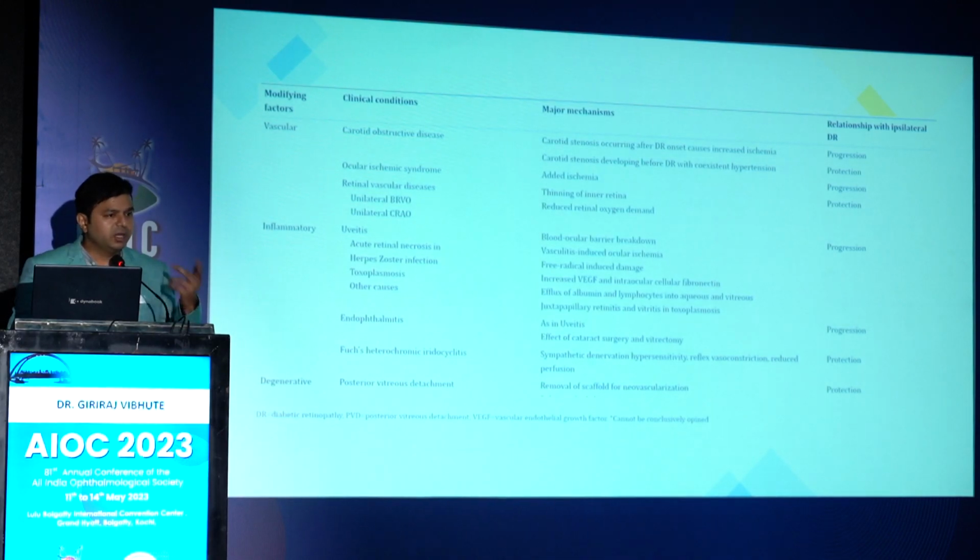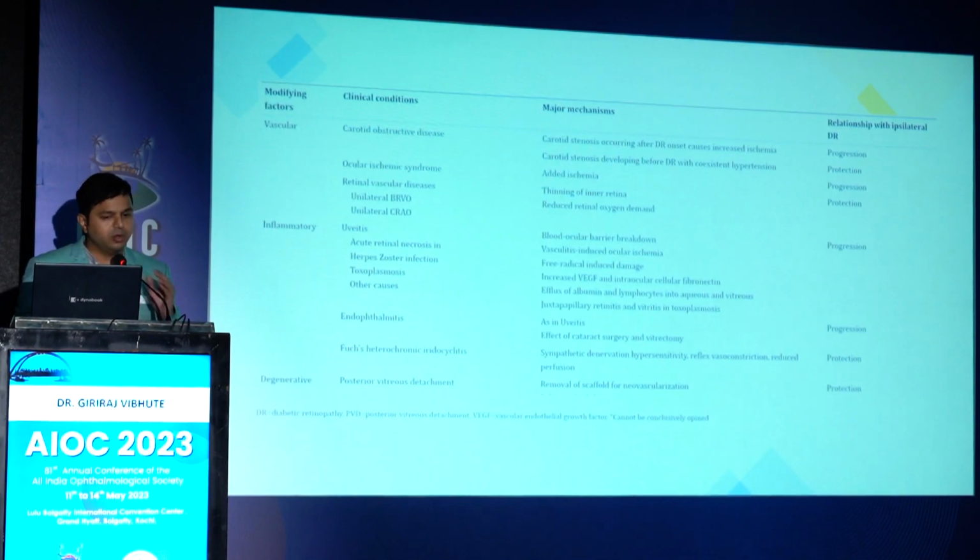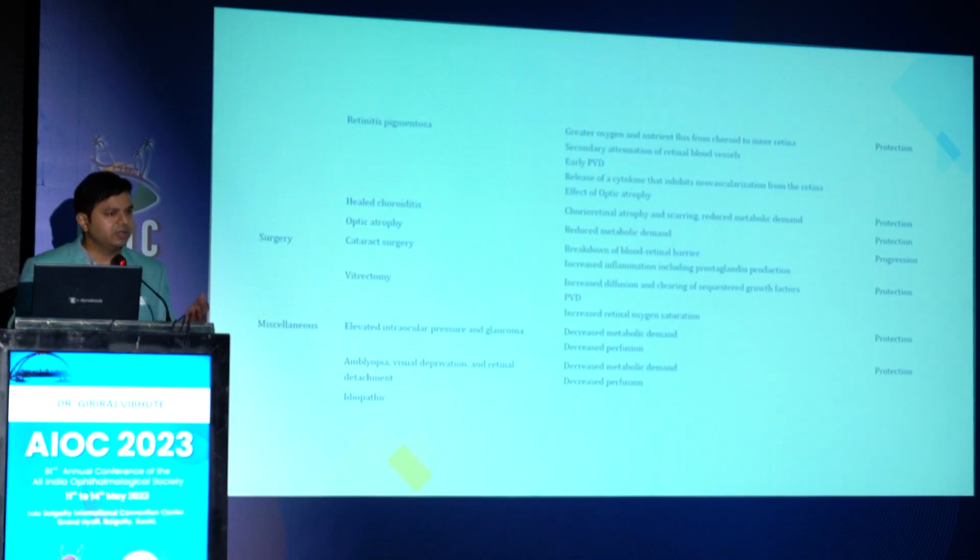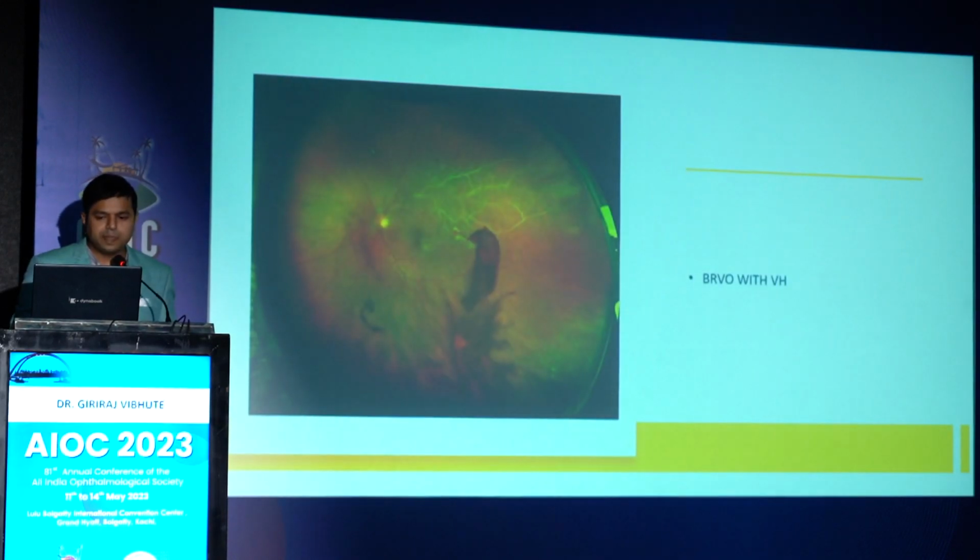If it is occurring after the onset of DR, it causes further increase in the ischemia, and it leads to further progression of the DR. Any inflammatory condition like uveitis is known to progress the diabetic changes, and degenerative changes like posterior vitreous detachment, chorioretinal atrophy, retinitis pigmentosa, etc. are known to reduce the metabolic demand of the retina and therefore provide a protective effect against progression of PDR. So cataract surgery, of course, will lead to breakdown of the blood retinal barrier, etc.